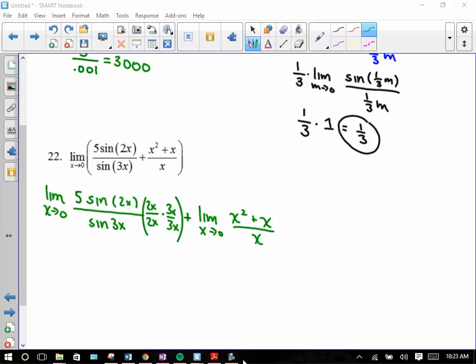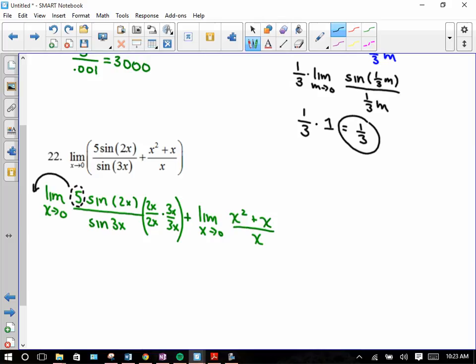I'm gonna break this up really quite a bit, okay? Now, what can I do with this 5 that's just sitting out here doing nothing? Bring it out front.